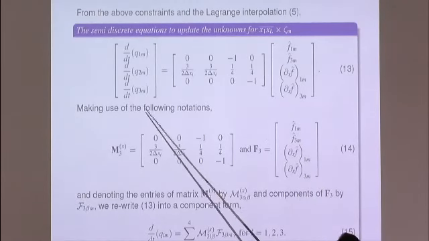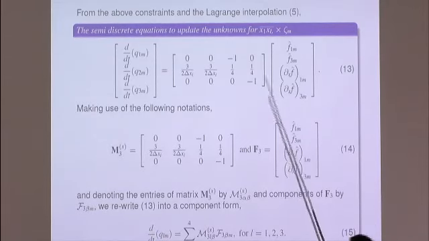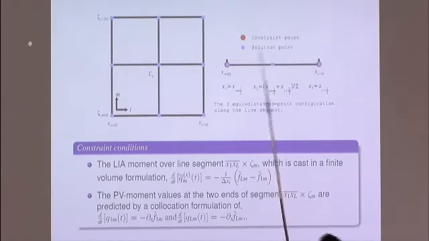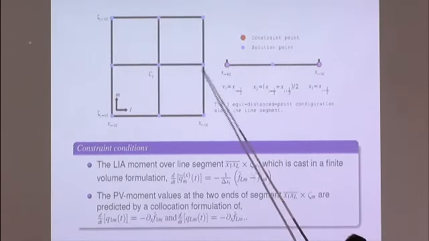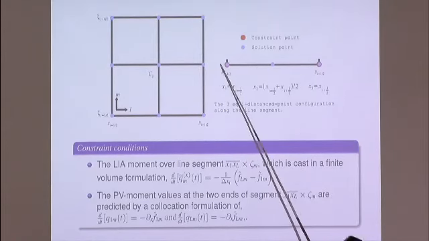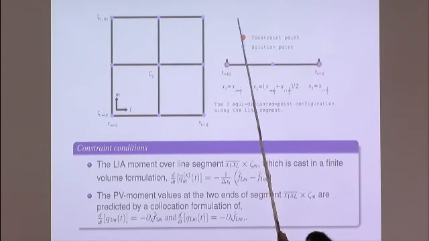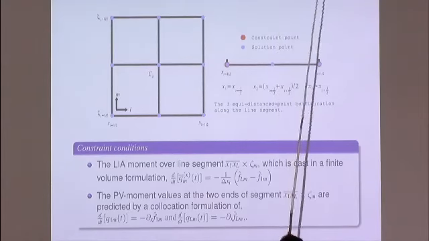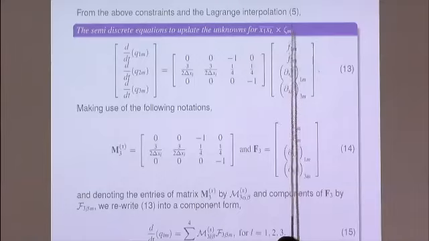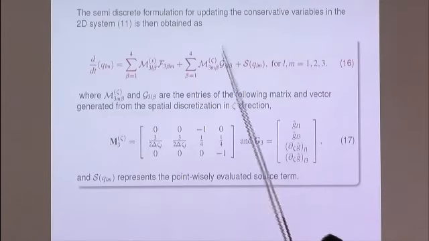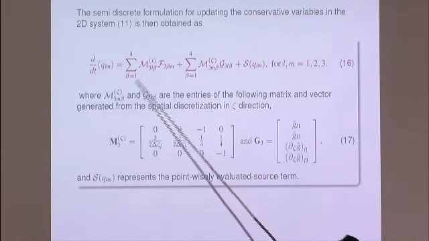We can make some notation and write it here. In fact, I am showing just the x direction, and it is the same for the z direction. So, using similar derivations, we can get the 2-dimensional formulations here.